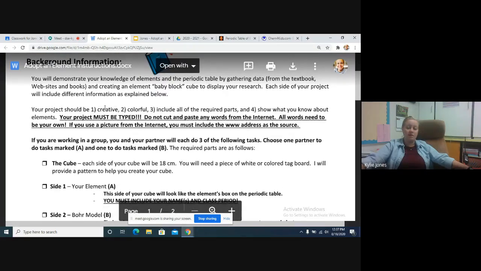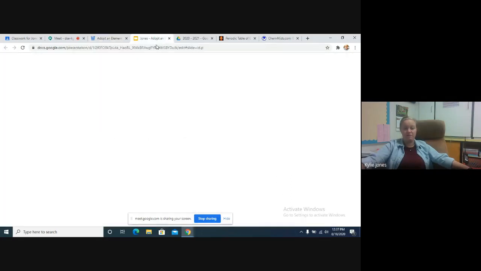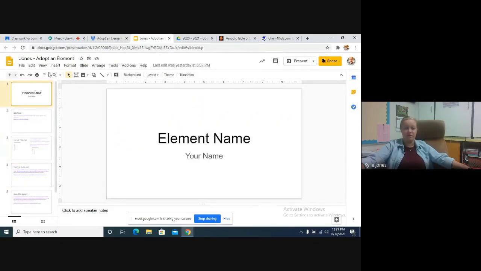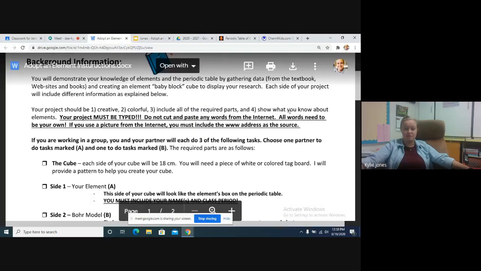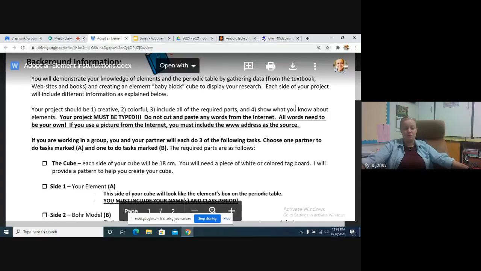So you can be creative, you can add colors to your thing. The PowerPoint that we have is just white at this point. So you can change the theme, you can add colors, however you'd like to do it. And it needs to include all the required parts and show what you learned about your element.